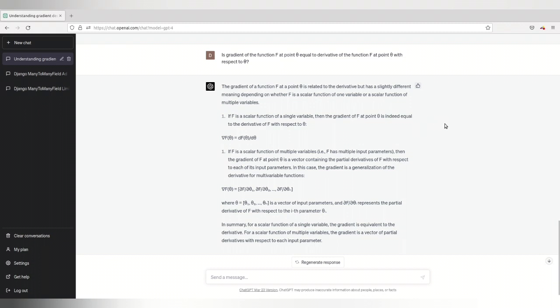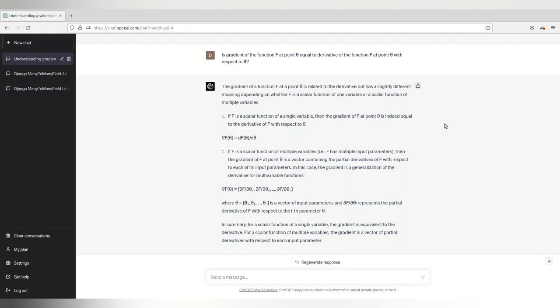And I got a great answer from ChatGPT. It told me yes, for a one variable function, that's exactly true. And I was trying to figure out the gradient descent on a one variable function. It's the simplest function I can get, and I decided to shift to multiple variable functions later, once I understand it for a one variable function.